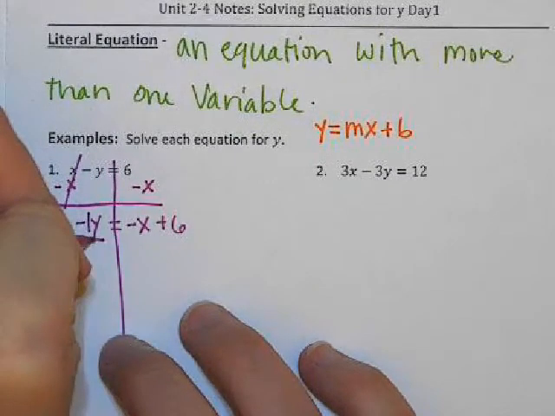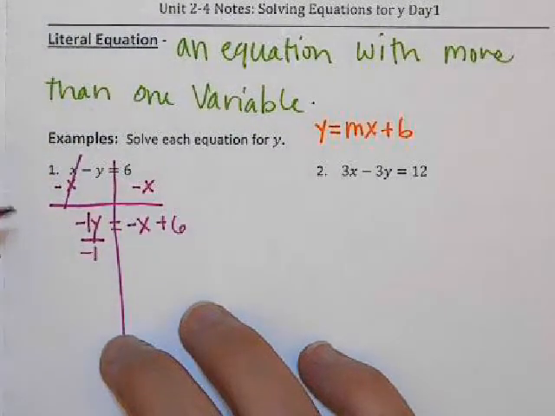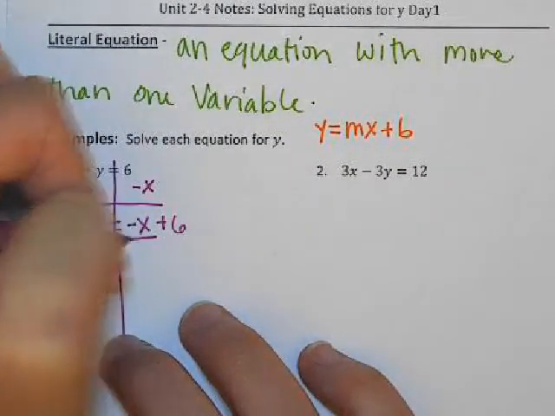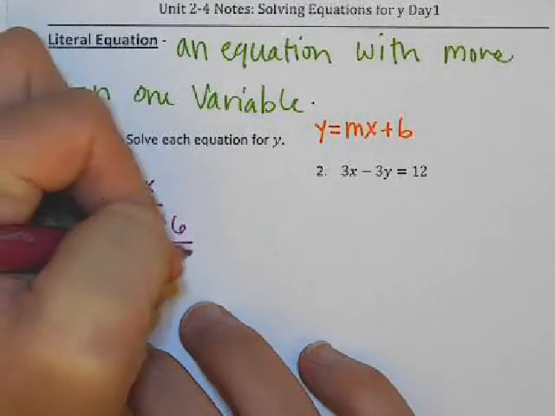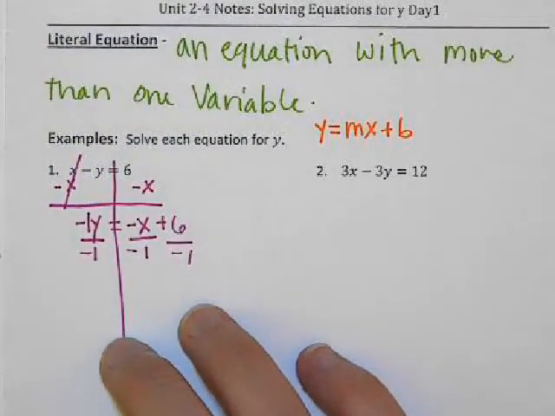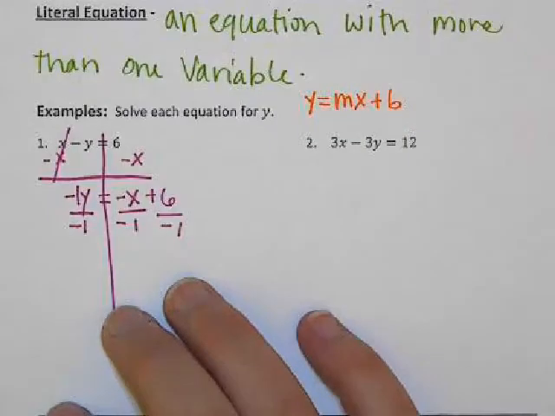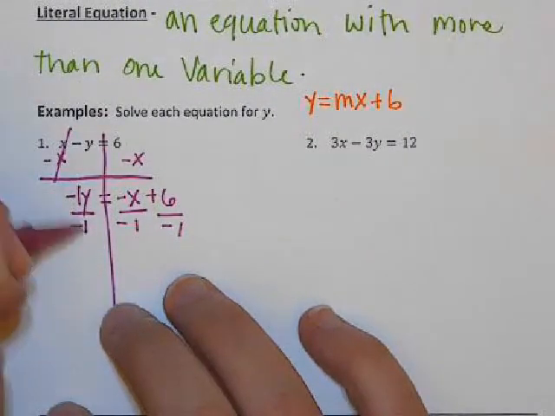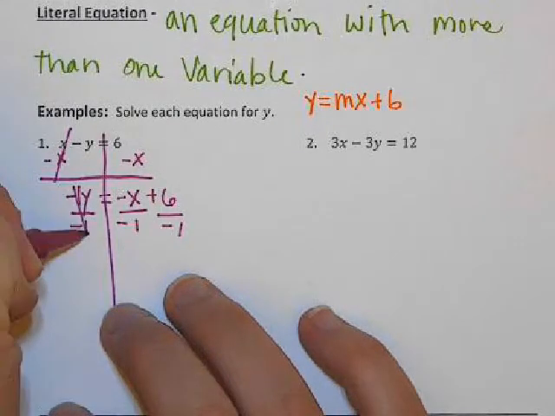So I'm going to draw my fraction bar, negative 1. Now, this is different. If I divide by negative 1 here, I have to divide everything by negative 1. Negative 1 divided by negative 1 is 1.